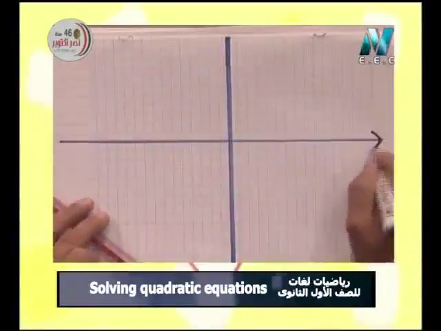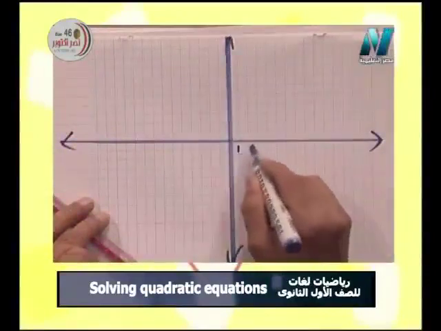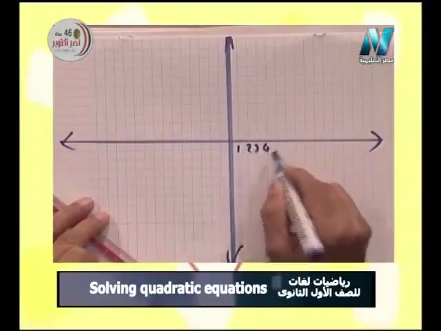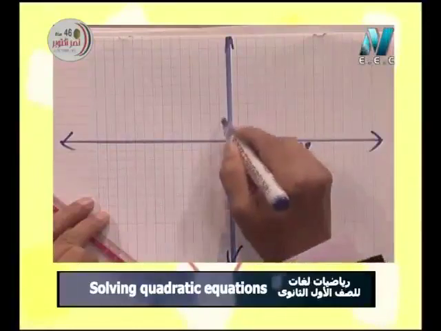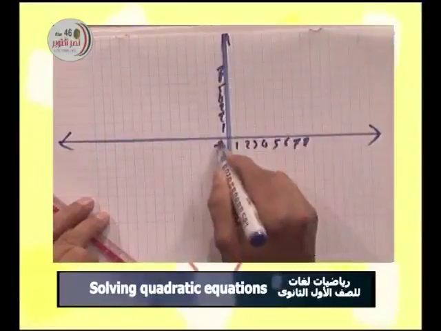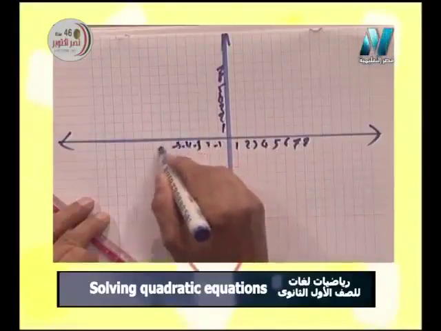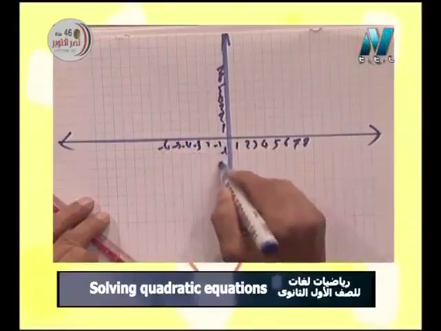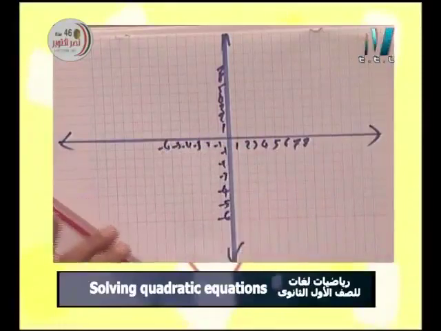And we have numbers, of course. This is 1, 2, 3, 4, 5, 6, 7, 8, and so on. And negative 1, negative 2, negative 3, negative 4, negative 5, negative 6, and so on.